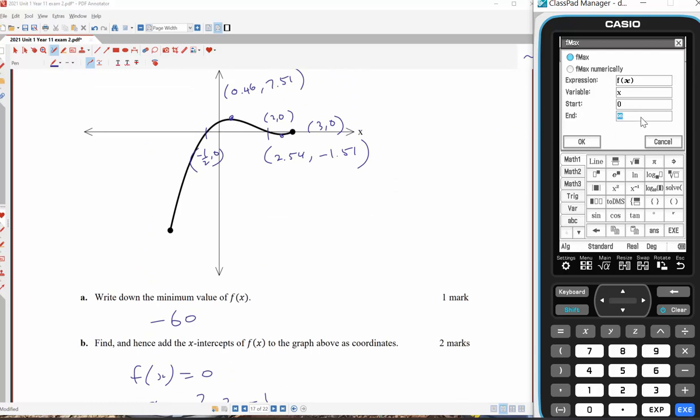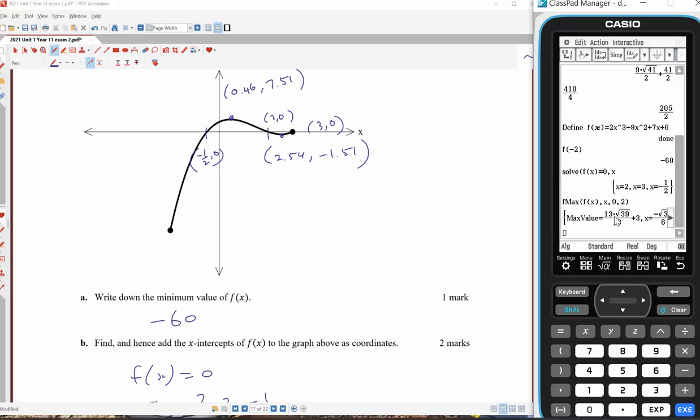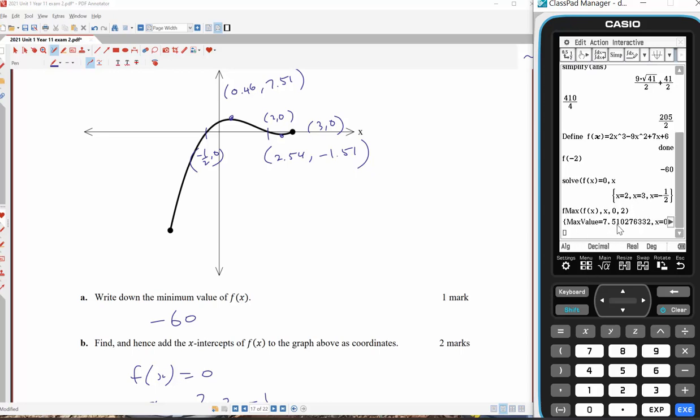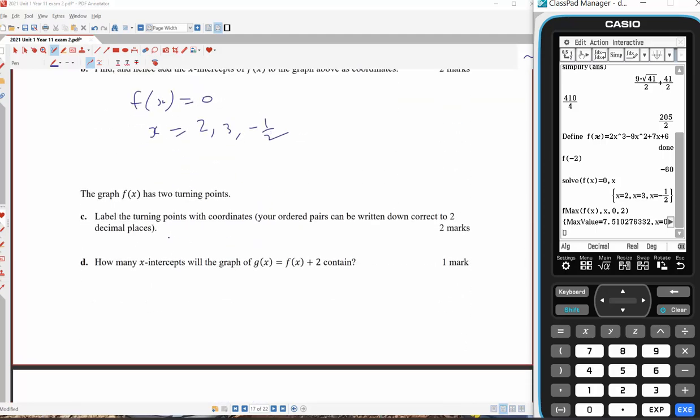So 0 and 2. What this will do is give you the exact value. So the max value is actually that, which you'll note, if I approximate it, is 7.51, which is what the calculator gave me approximately.